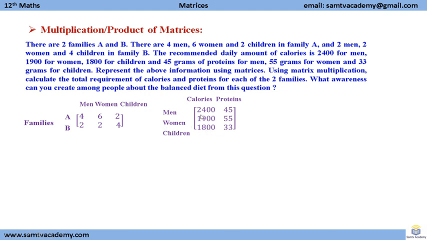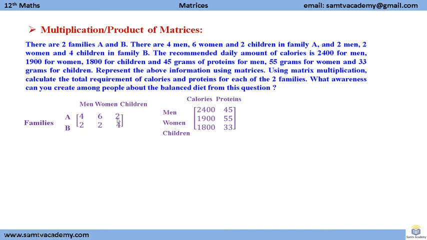As it says, you have to calculate the total requirement of calories and proteins. In multiplication we multiply row with column. When we multiply family A's men, women and children with the calories column, we will get the total calorie requirement.